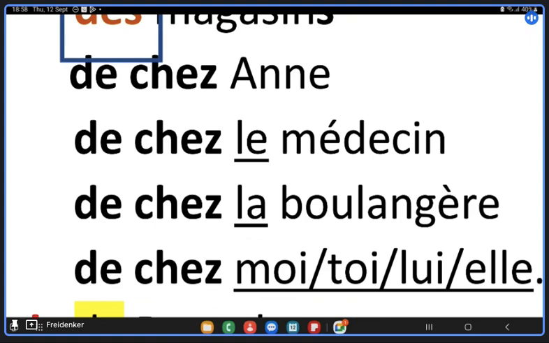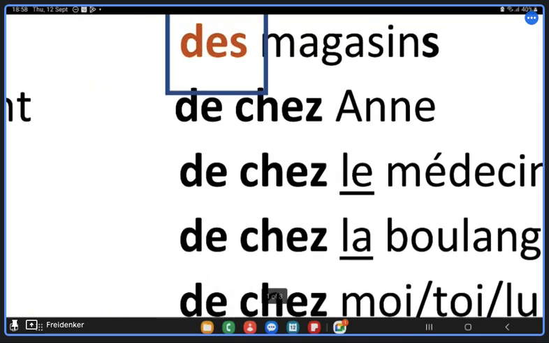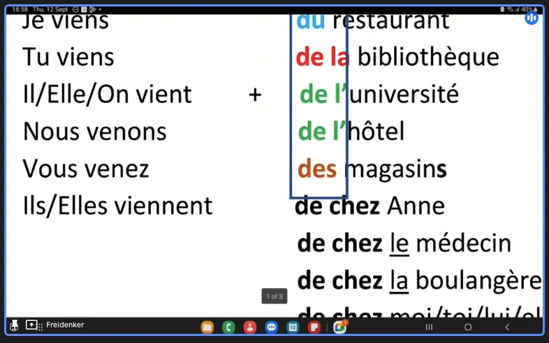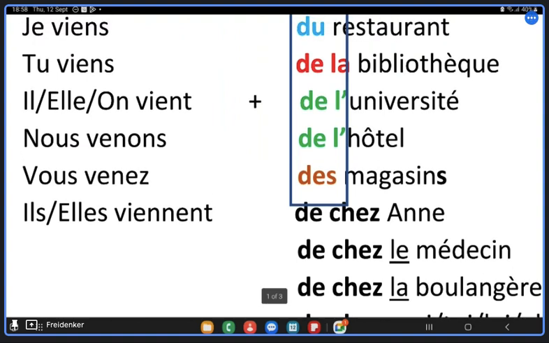All three different examples are here. But the difference is here you have to write DE CHEZ because it means je viens. I am coming from the place of Anne. Chez Anne means the place of Anne. So I'm coming from the place of Anne, or in simple words, I come from Anne's place.